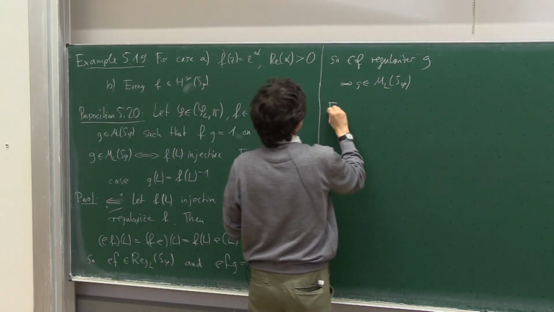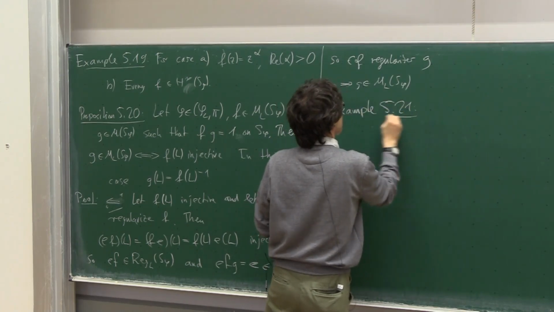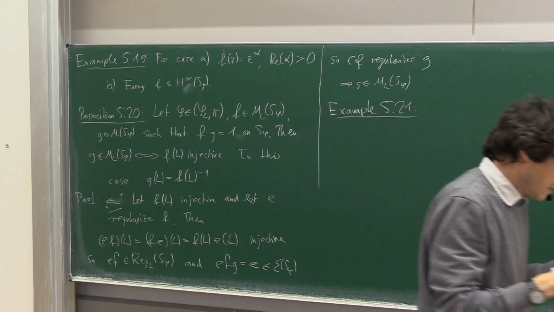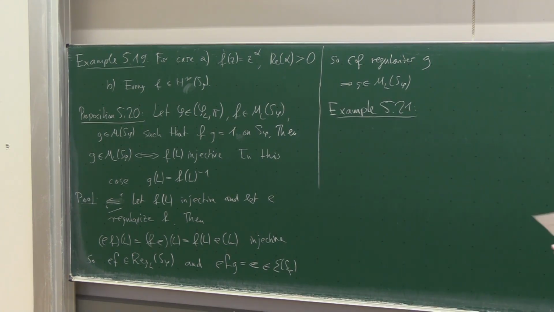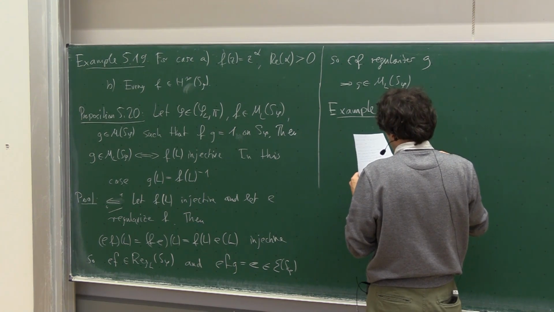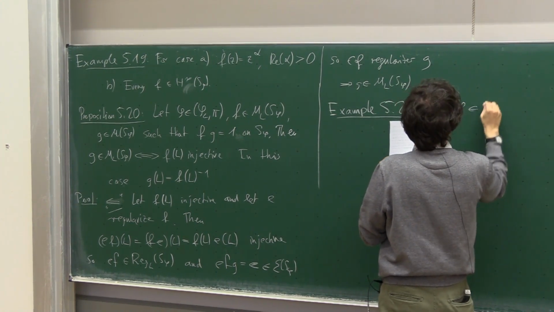Let me finish by applying this to the obvious example to which it has to be applied, because it's again one way to show that resolvents give you the right result. So resolvent functions give you the resolvents.